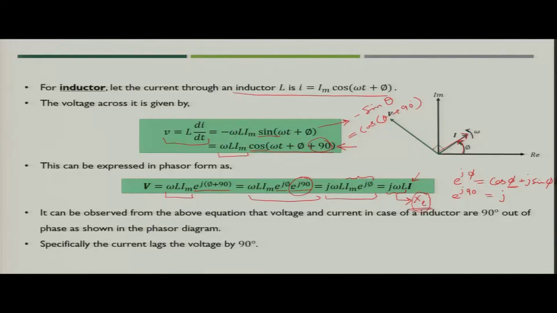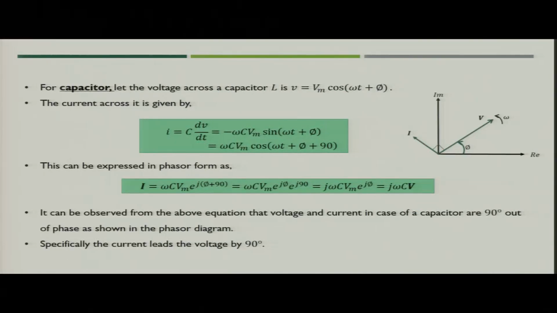So the voltage phasor would be 90 degrees leading with respect to current, and its value would be omega L Im, as we derived. The current is lagging with respect to voltage. From the phasor diagram, voltage is at 90 plus phi with respect to the real axis, and is 90 degrees leading with respect to current.